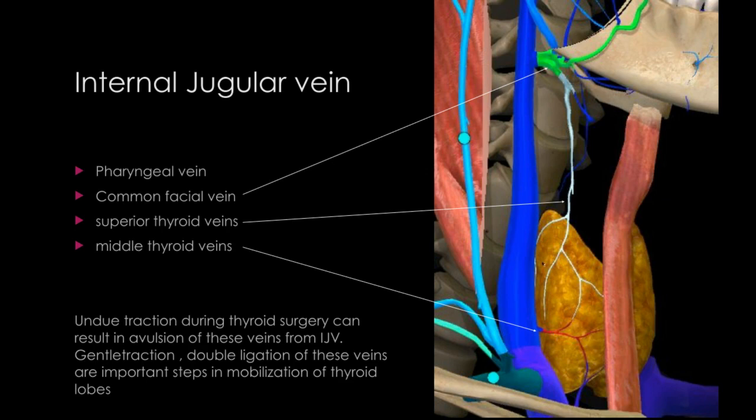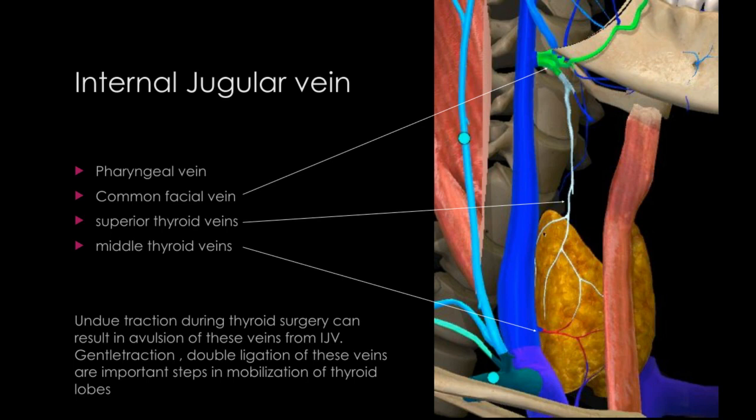So during thyroid surgeries, during traction and dissection in the gutter between the carotid sheath and the lateral aspect of the lateral lobe of the thyroid, we have to be very careful during traction and dissection in this plane. We have to identify the middle thyroid vein. It may not be there in all cases.